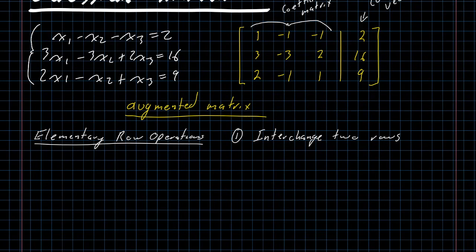But if we took two of the equations and wrote them in a different order, it wouldn't change the system at all. We would have an equivalent system. So that's certainly something that we can agree is perfectly valid as something to do to a system of equations. So it's perfectly valid as something to do to an augmented matrix.